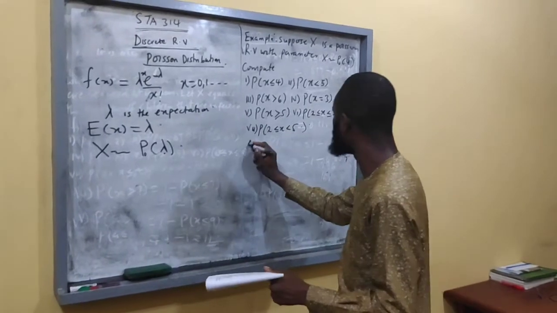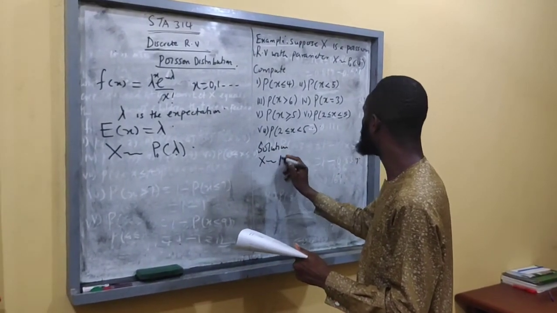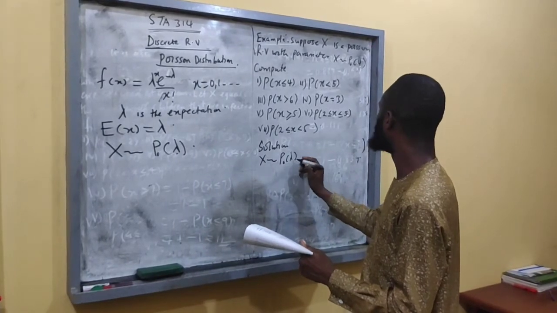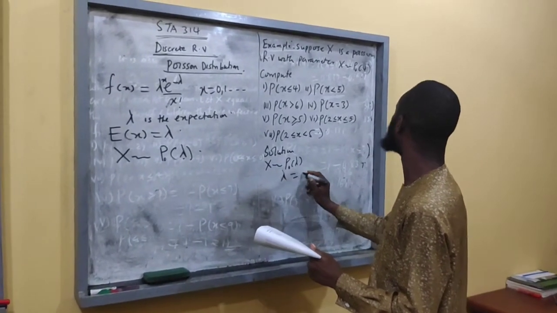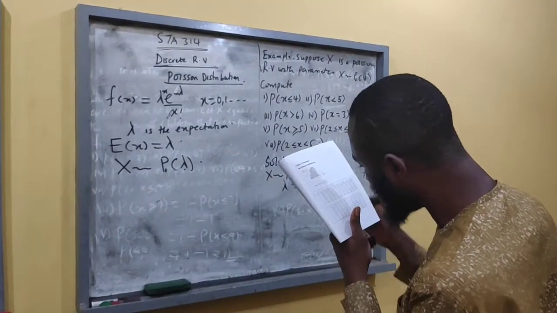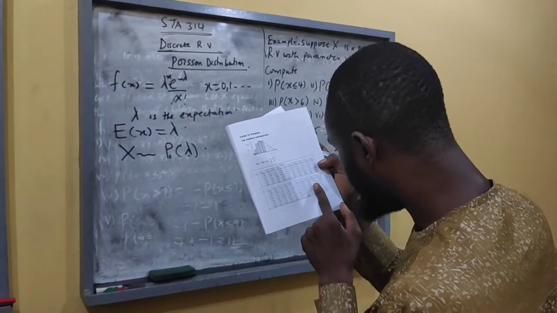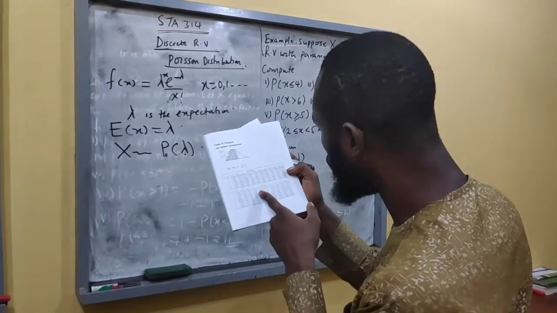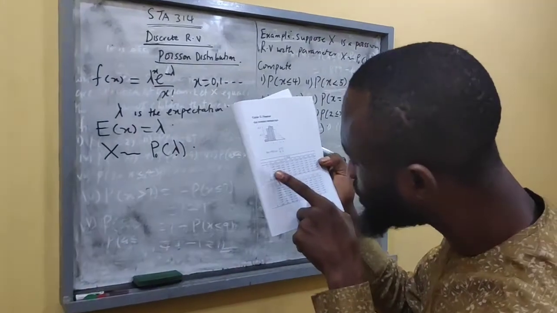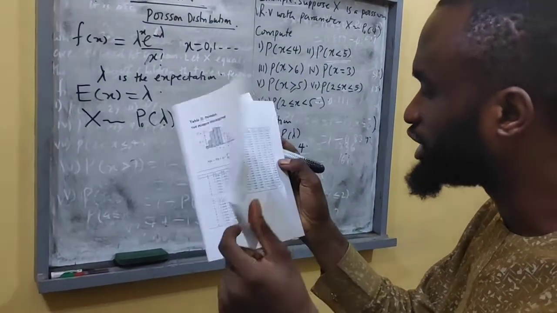My lambda, if I compare with S, P naught lambda, you will see that your lambda is now equal to 4. If my lambda is equal to 4, then I will trace where my lambda is equal to 4 from the point. 4 means 4.0. If you look at this first page, it starts from 0.1, then this is 2.0. Then I open to the next page.